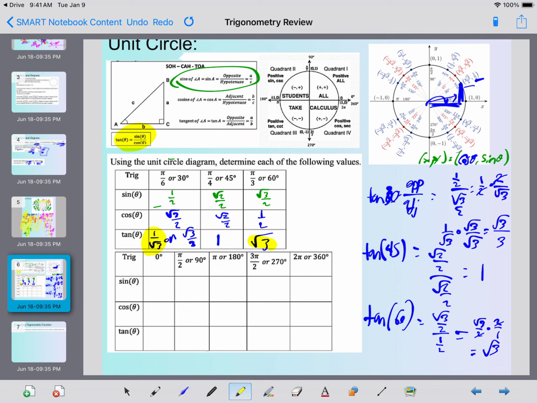So the reason I said if you don't want to radicalize, it's because it's kind of easy to memorize that way. 1 over radical 3, radical 3. Alright? And if you think about it, it makes sense because your 30-degree triangle is just the reciprocal of that 60-degree triangle, right? They're the same triangle. So that's why it's the reciprocal for tangent.